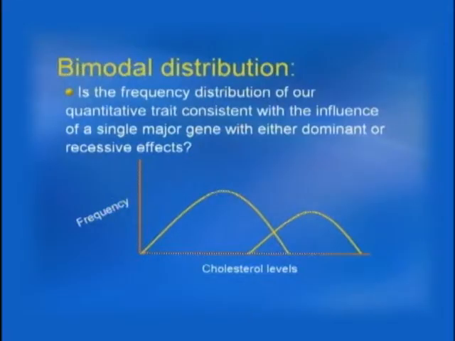Okay, and then we talked about if we're thinking single major genes and we're talking about one gene with two alleles, that we can have a couple of possibilities in terms of the underlying subdistributions. If we see a bimodal distribution, this could be consistent with either dominant or recessive effects, okay? Because either dominant or recessive will result in two subdistributions.